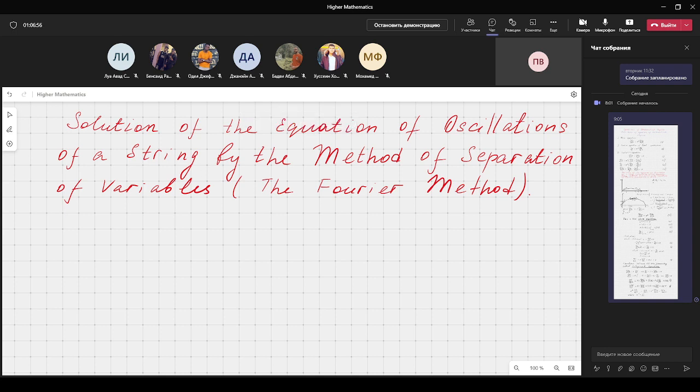The method of separation of variables, or the Fourier method, which we shall now discuss, is typical of the solution of many problems of mathematical physics.